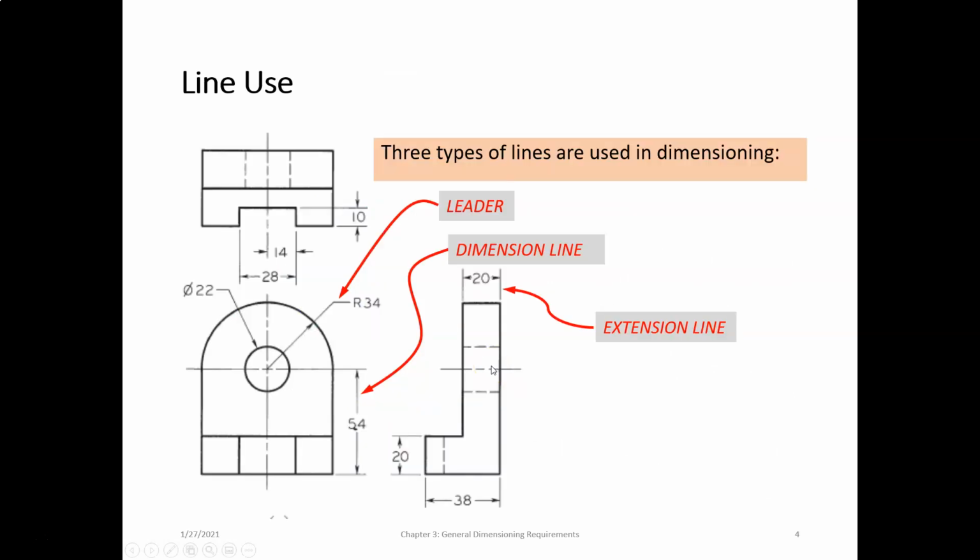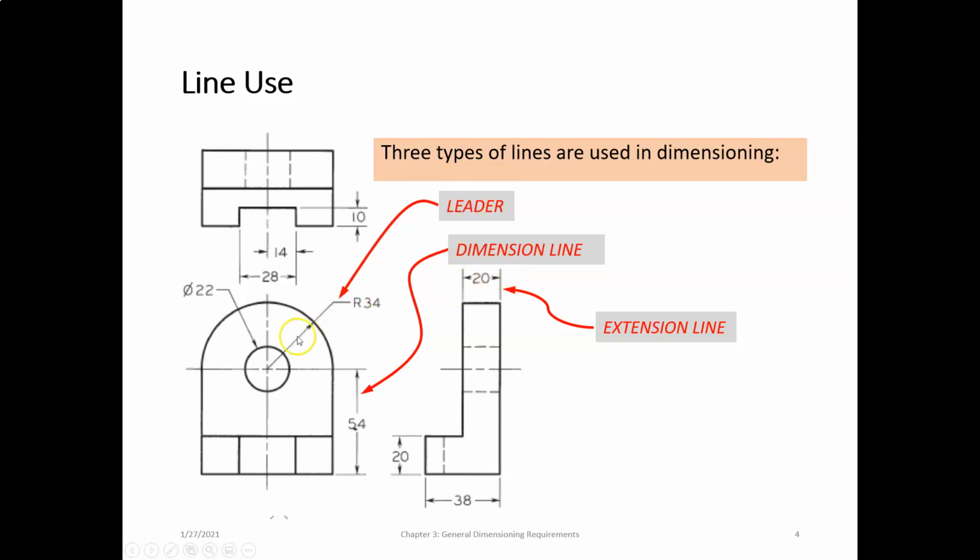All right. So when we talk about the application of dimensioning, there's certain terminology that we need to be familiar with. The dimension line is the line in between the two arrows here. Okay, so that's called the dimension line. The extension line is the line that extends from the edge of the object out, and the dimension line rests in between those two extension lines.